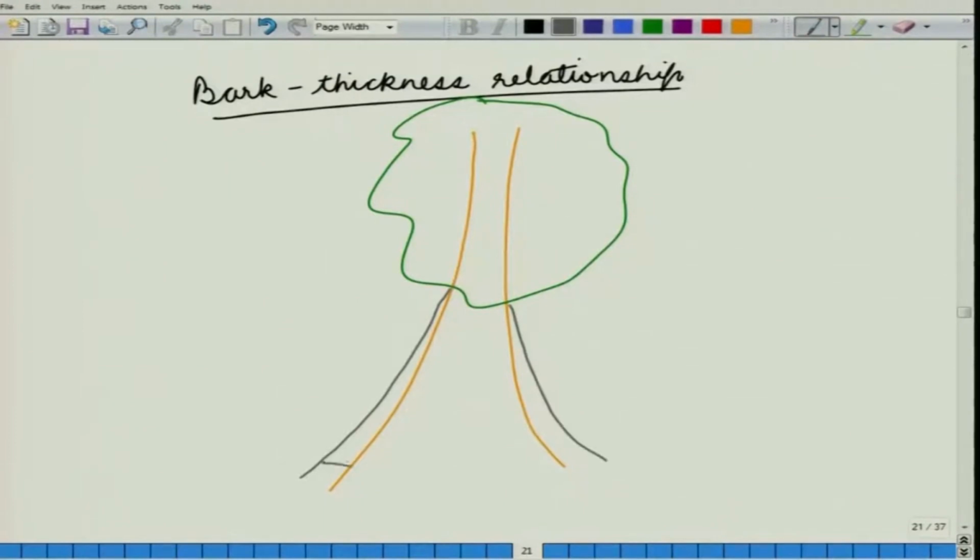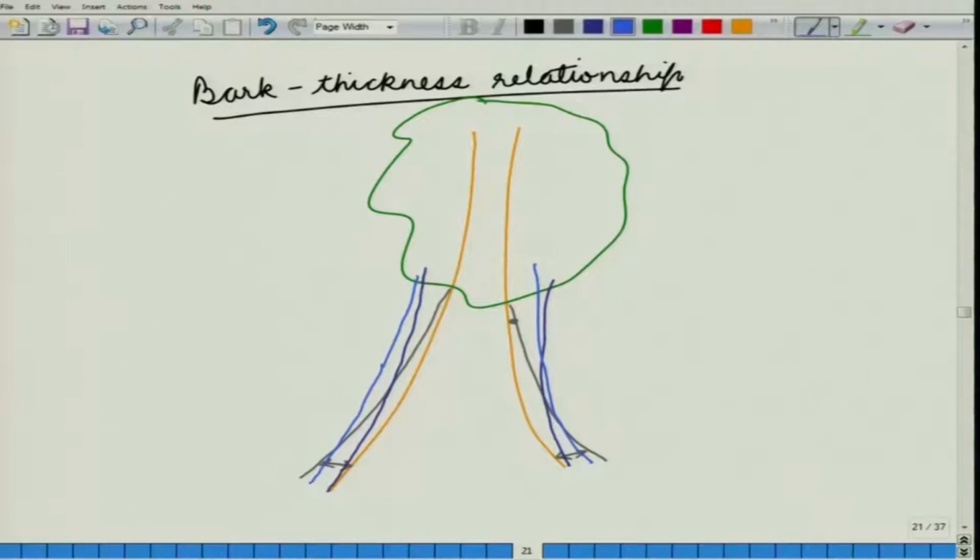In this case at lower heights we would be having a greater thickness of bark as compared to the upper heights, or we might be having a situation that is just the reverse of it, that is the lower portion has very less amount of bark and the amount of bark goes on increasing as we go up, or in a third situation the amount might be constant, in which your bark would make a parallel sheath as compared to the tree stem.